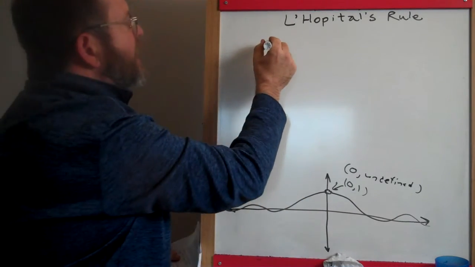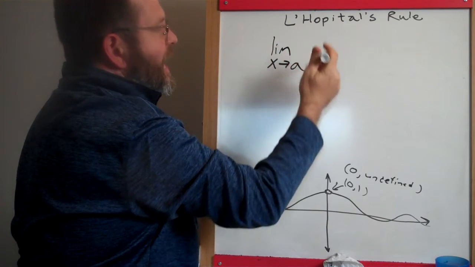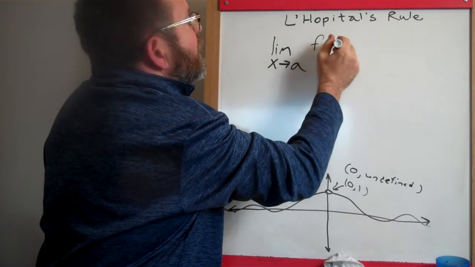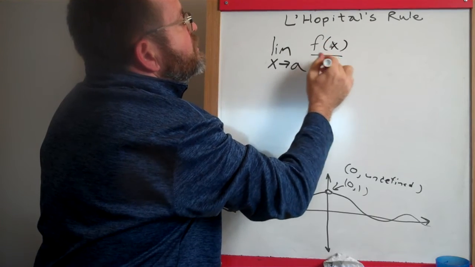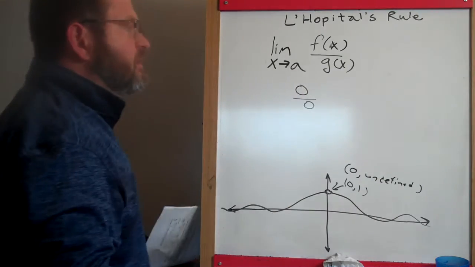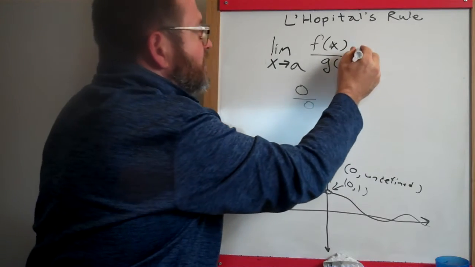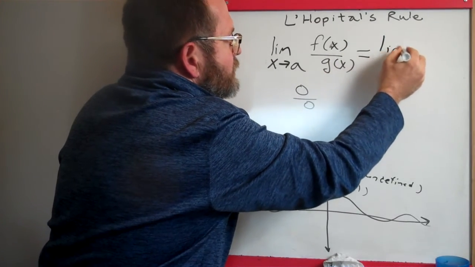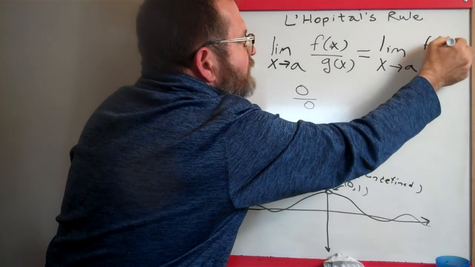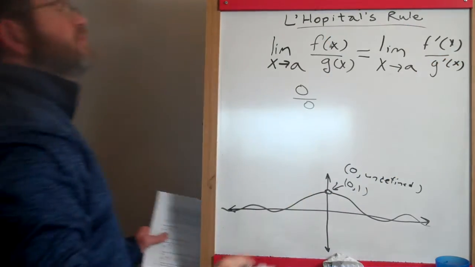But it tells us that if we have the limit as x is approaching some value a, like maybe it's approaching 0 or even infinity, of f of x over g of x, and if this is a problem that's getting us to the 0 over 0 form, like if we use direct substitution and it gives us a 0 in the numerator and a 0 in the denominator, then this is the same thing as f prime of x over g prime of x. That's what L'Hôpital's rule tells us.